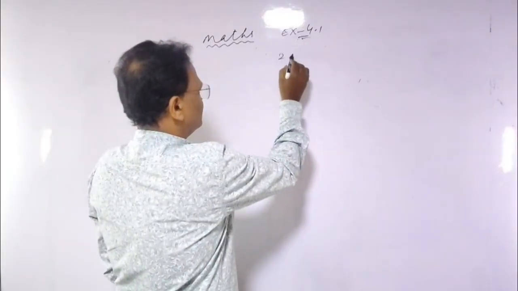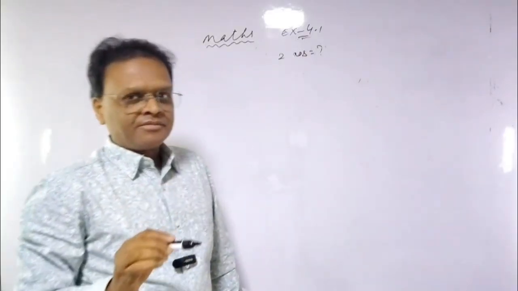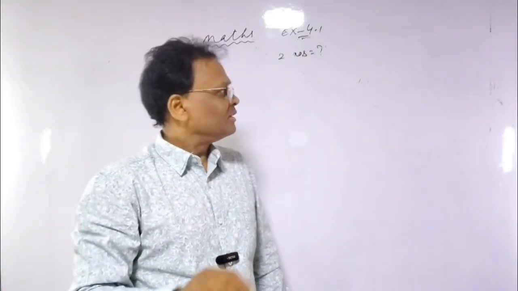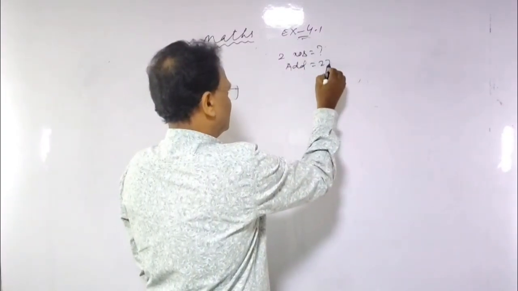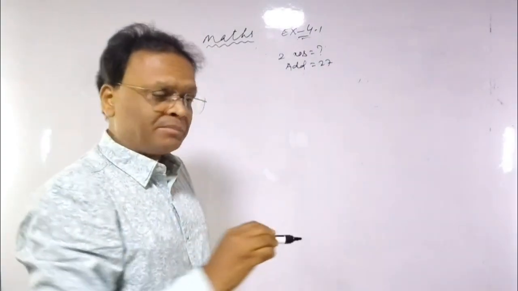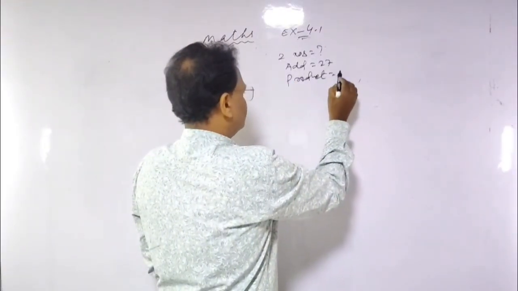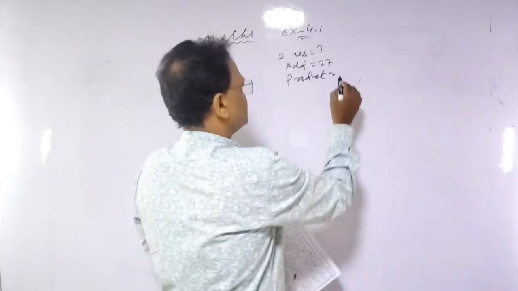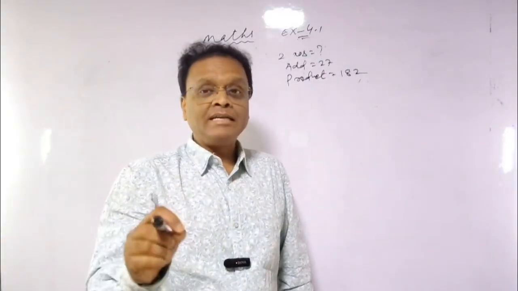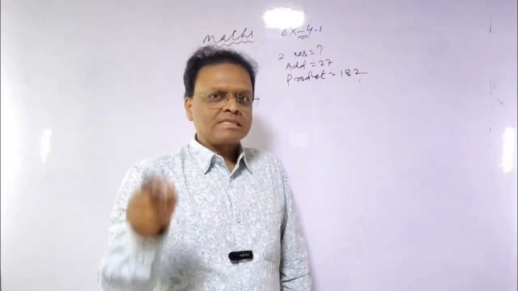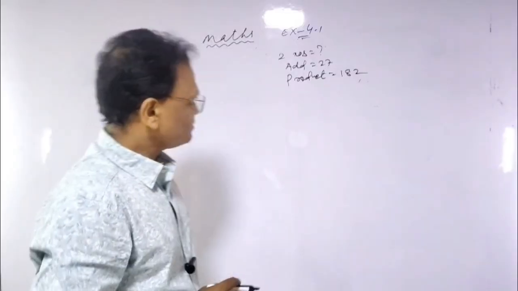Two numbers you have to find. If you add those two numbers, your answer is 27. And if you multiply, the product is given as 182. So what exactly is the question? Find two numbers whose sum is 27 and whose product is 182.